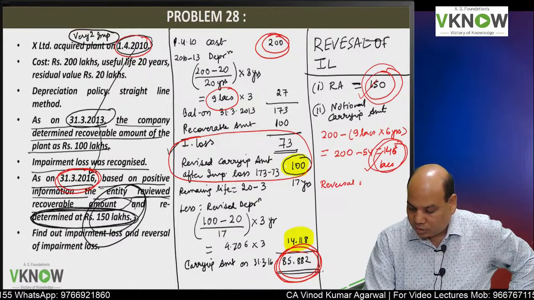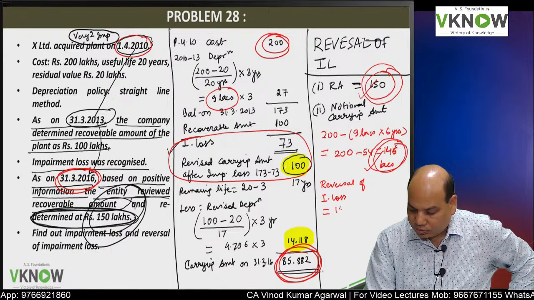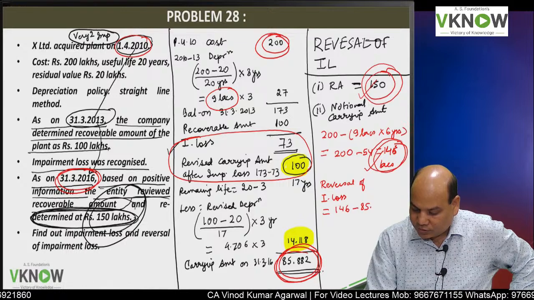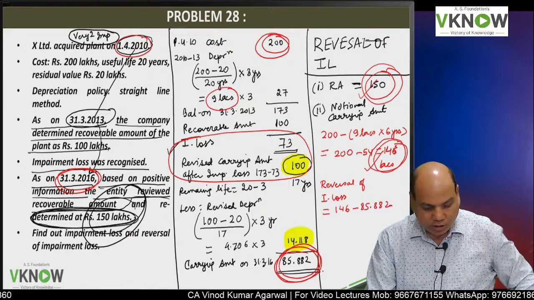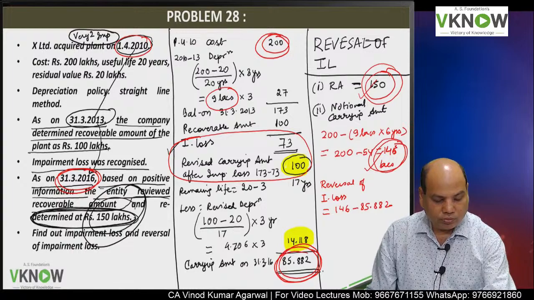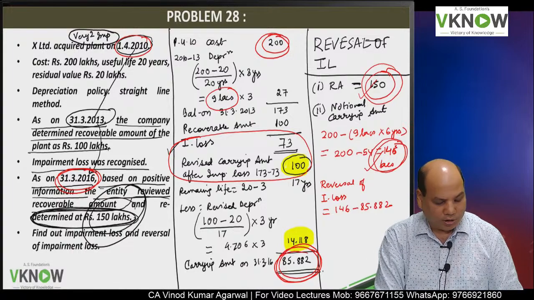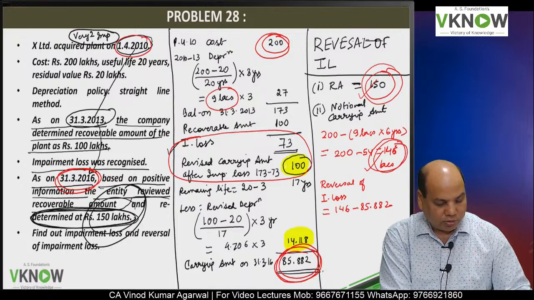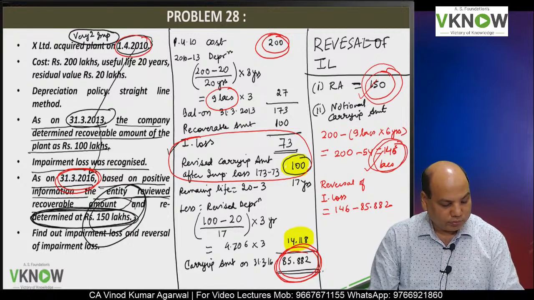Therefore, reversal of impairment loss will be equal to 146 minus your existing carrying amount 85.882, and anybody who can tell me what will be the amount?